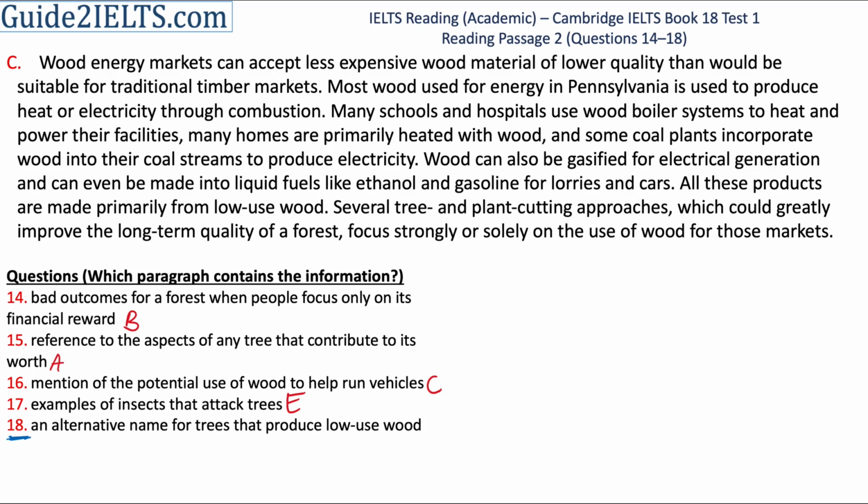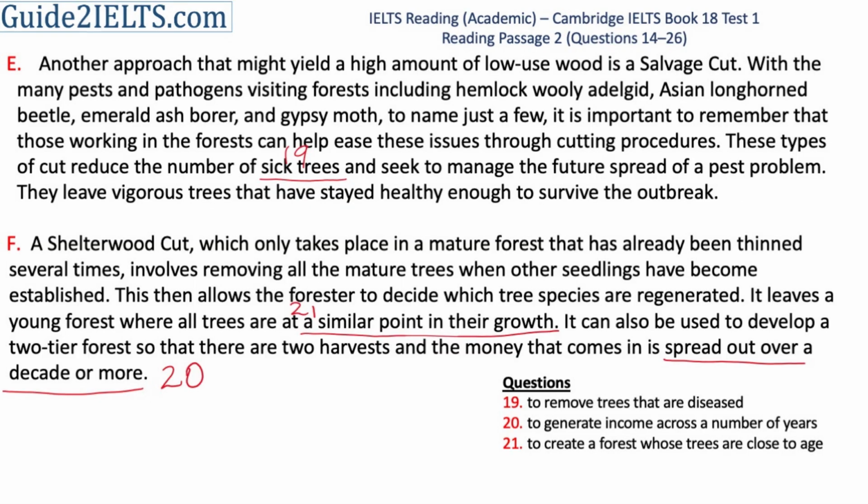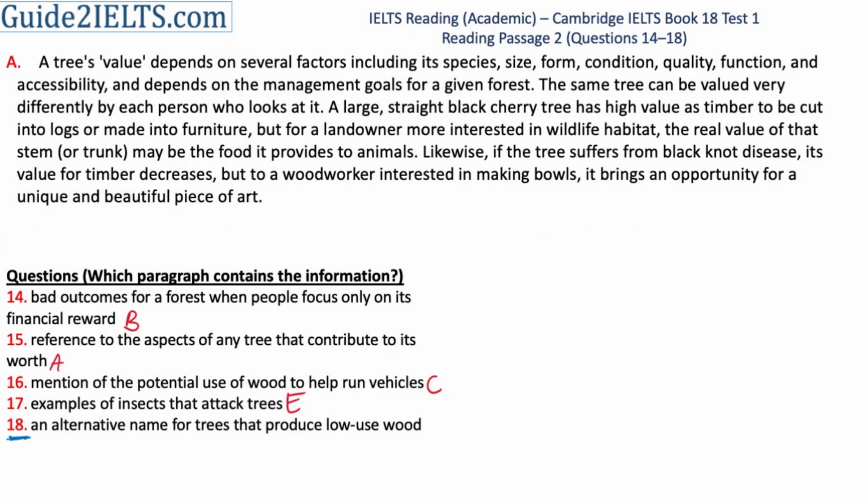I have already gone through parts of paragraphs D, E, and F when looking for questions 19 to 21. I know these are all about different ways of cutting trees. So what I do is I start scanning through paragraph A. Paragraph A broadly talks about different ways in which trees are used and why they are valued.